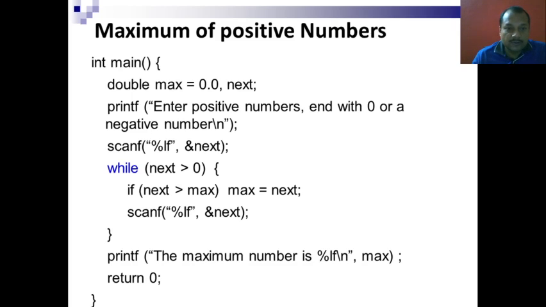Inside this loop there is a scanf, again like the previous example of reading the marks. I am reading the next number, and after reading it I go back to this loop and test it, checking whether this is my new max number. If yes, I replace the previous max number with this new one, otherwise I retain that one.